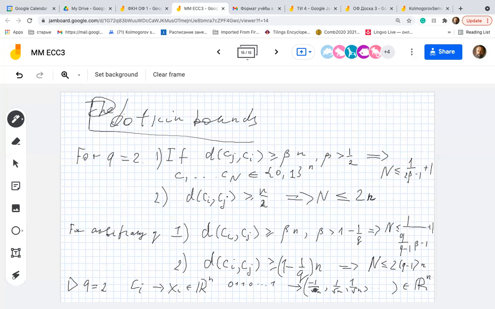And second, it is easy to see that the inner product of any two such vectors is expressed through the Hamming distance between them. Because when we multiply two such vectors, positions where the bits of code words differ correspond to the product of plus 1 over square root of n and minus 1 over square root of n, and they contribute minus 1 over n to the inner product. And if the bits are the same, they contribute 1 over n.